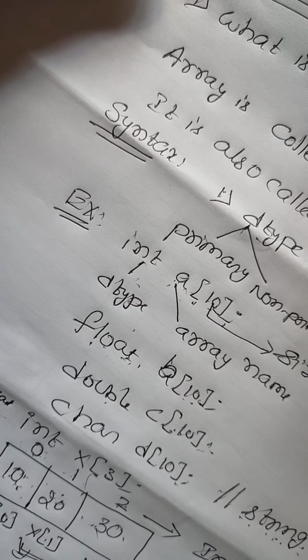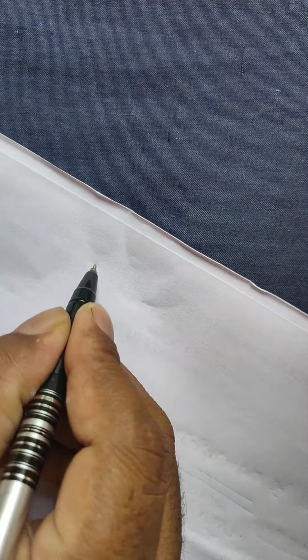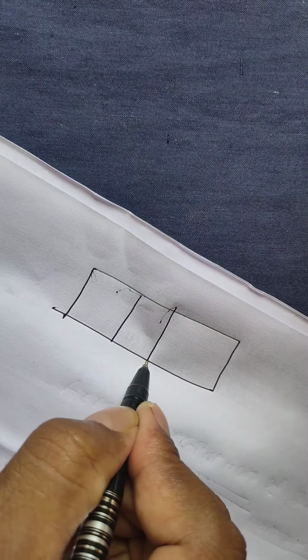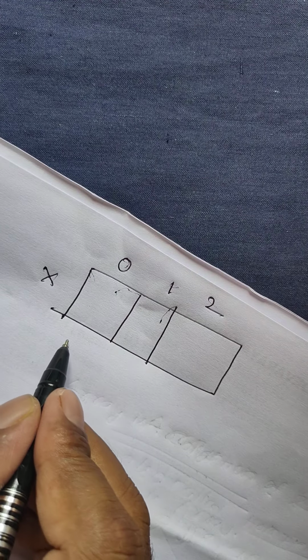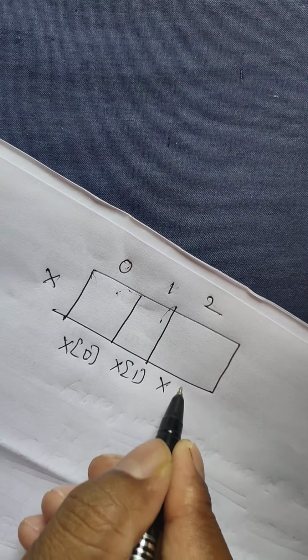Now I would like to write one simple program regarding this concept. In the previous example, this is x, this is the 0, this is the 1, this is the 2, and this is x of 0 and x of 1 and x of 2.